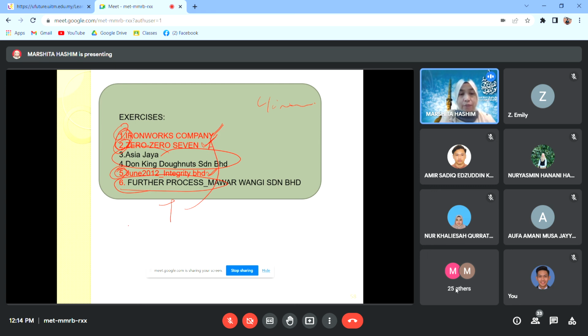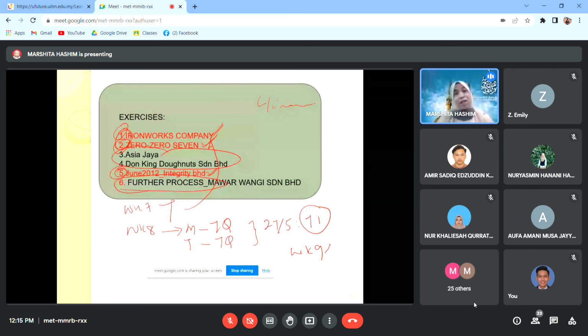And then the following week, that means week ni adalah week 7, week 8 nanti. Monday, kita akan buat tutorial questions. Okay, dan juga Thursday pun kita akan buat tutorial question. And then Friday 27 May, you jawab test 1. Okay, nanti week 9 baru I sambung dengan special order, lecture on special order, lecture on further processing, delay and continue.